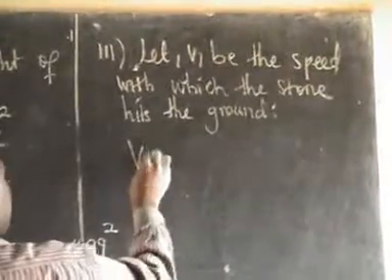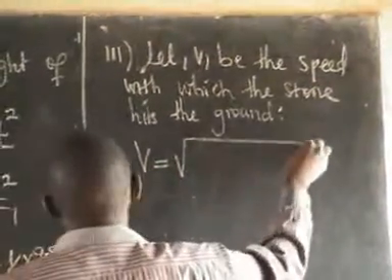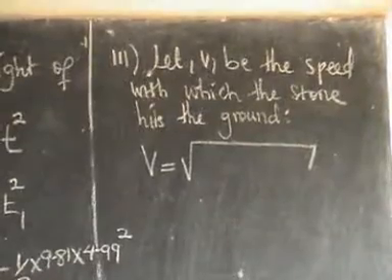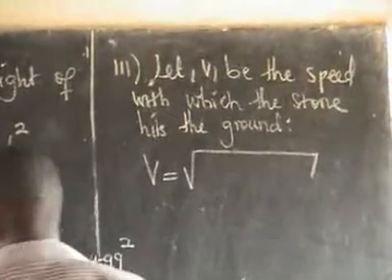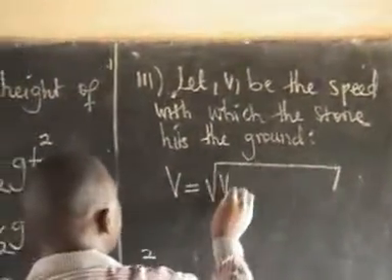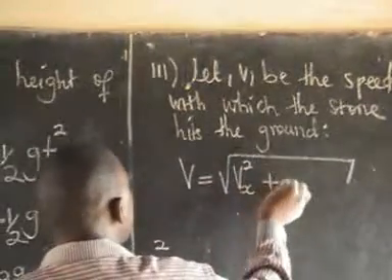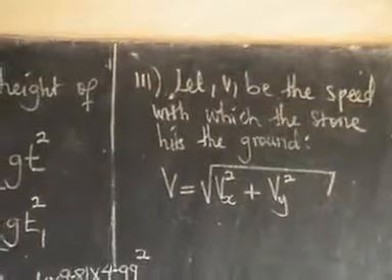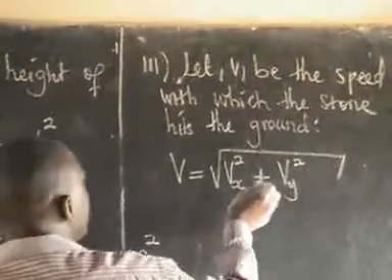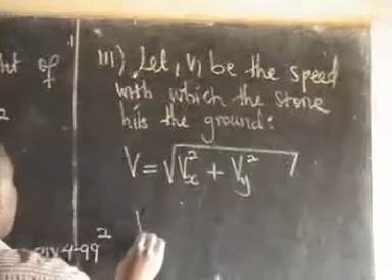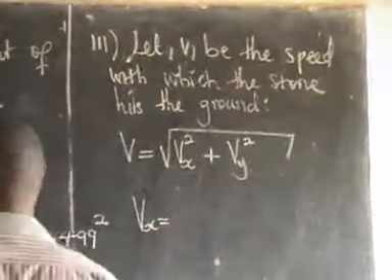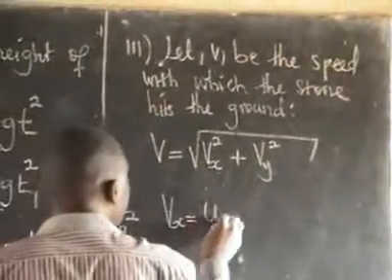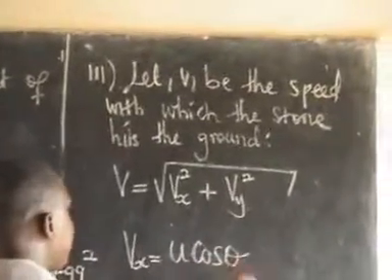So that v will be equal to the square root of vx squared plus vy squared. So this expression is demanding the values of vx and vy. So vx remains the same, it's the same as u cos theta.